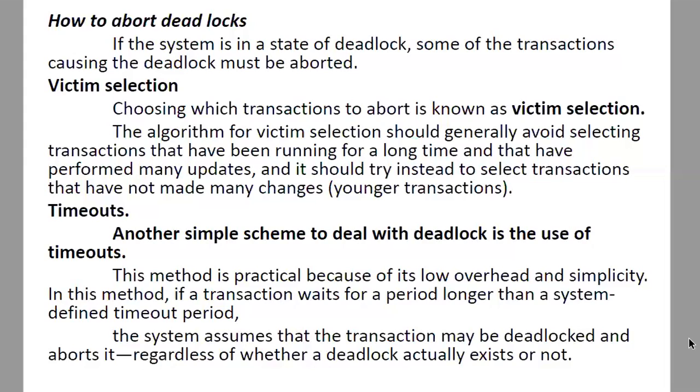If you choose T1, performing the same transaction again will be time consuming, and it requires more resources. Whereas when you select T2, because it has recently started and hasn't performed much, you can choose the younger, recently started transaction to cancel it. This is victim selection.